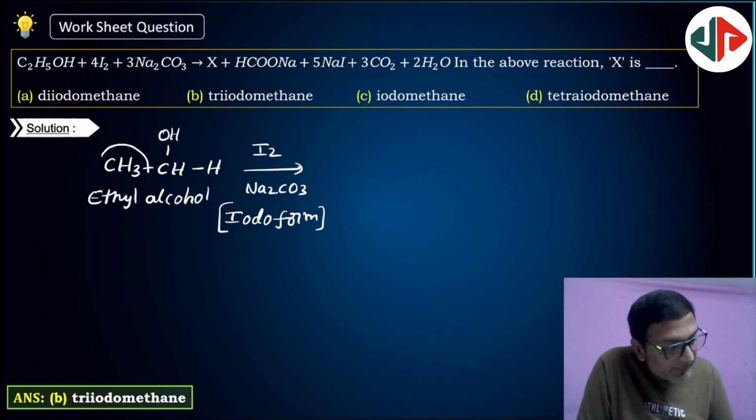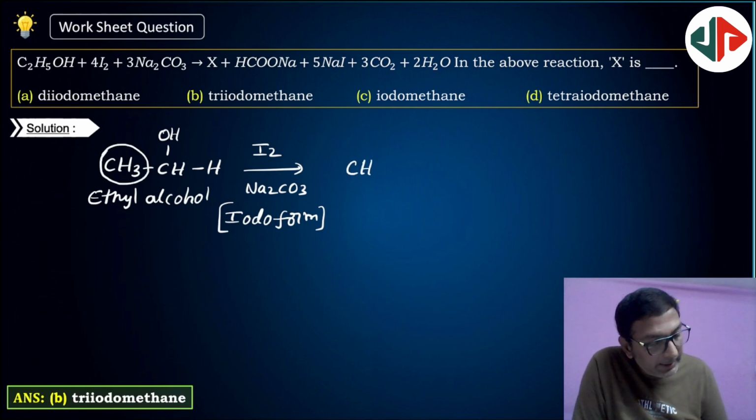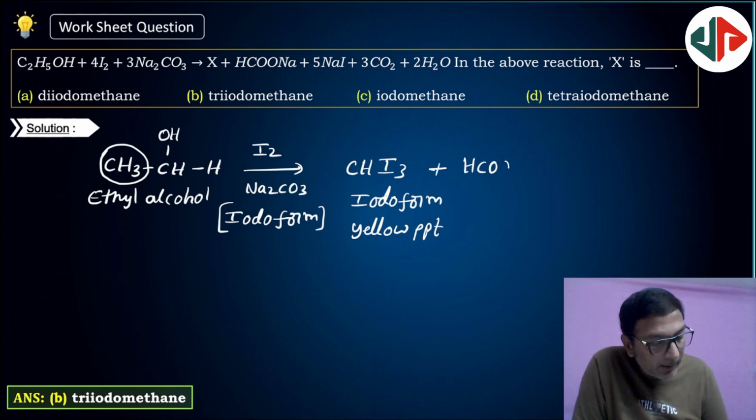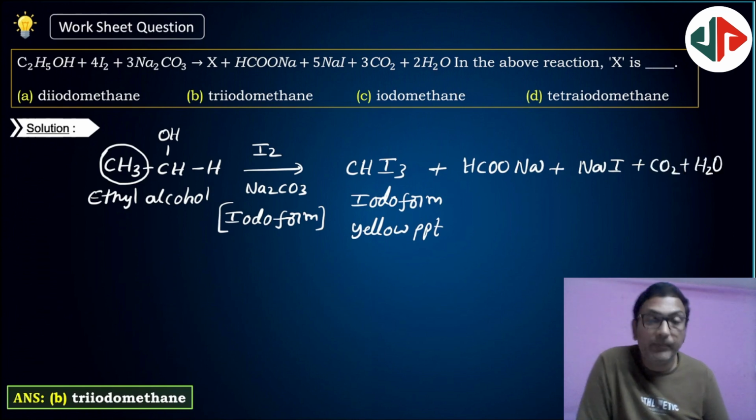So this carbon will be converted to iodoform, that means CHI3, iodoform, which is yellow precipitate. Plus remaining compounds will be HCOONa plus NaI plus CO2 plus H2.